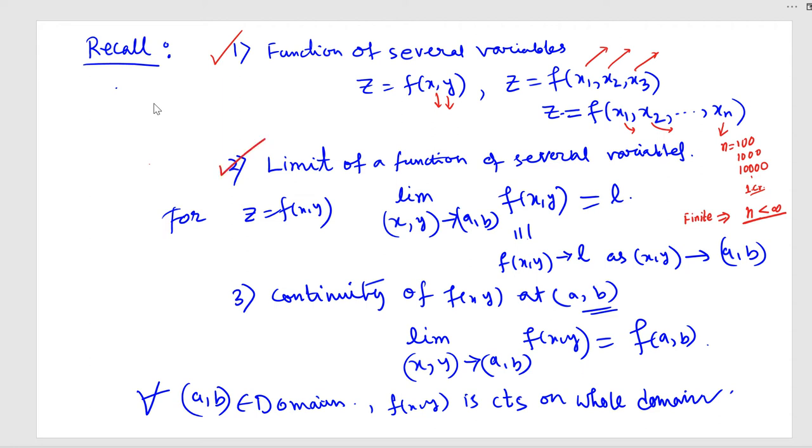Then we have defined the definition of a limit for a function of several variables. And then we have seen that if (x, y) approaches (a, b), then f of (x, y) is said to be L, as we have seen in the epsilon delta definition.